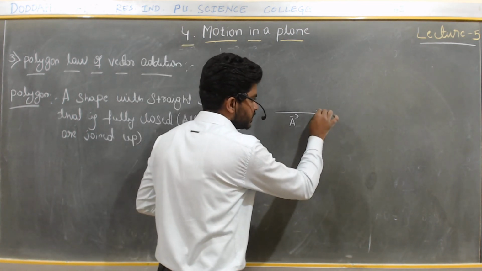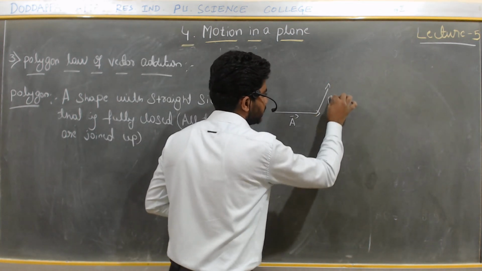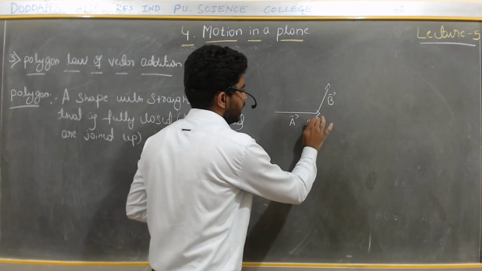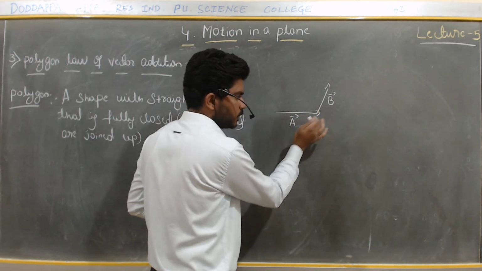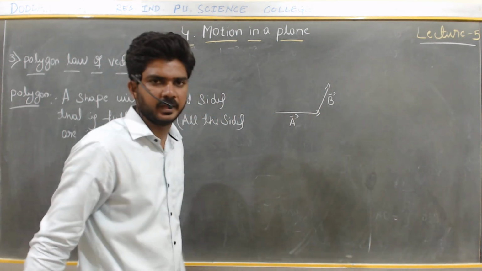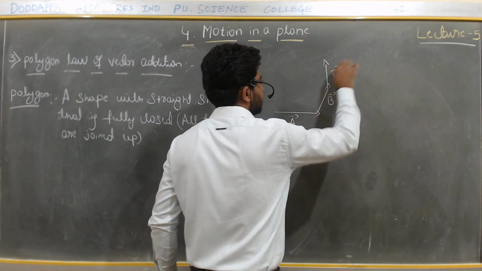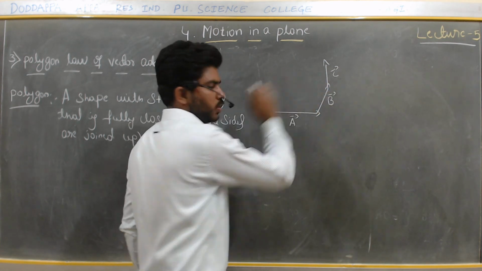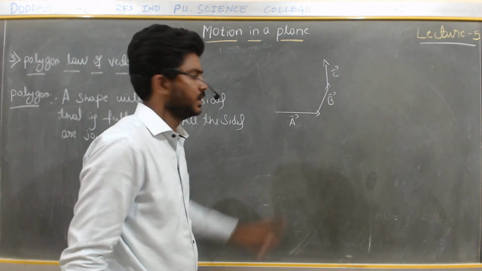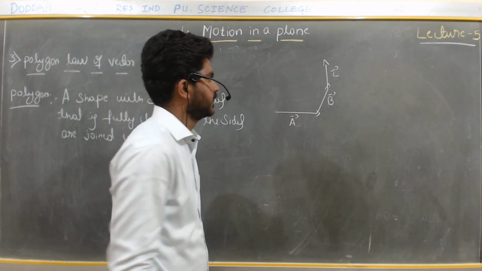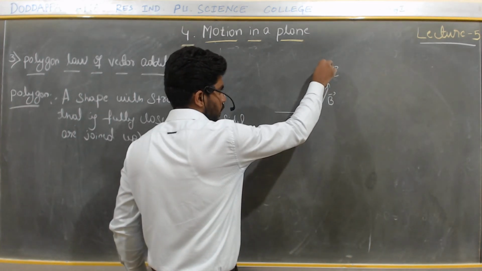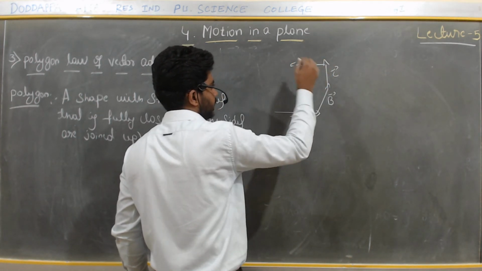So this is the origin of the other vector, that is vector B. The head of vector A coincides with the origin of vector B. Again I will take another vector, C. This also coincides with the head of vector B. Vector A, vector B, vector C. And I am closing all these sides here with vector D.